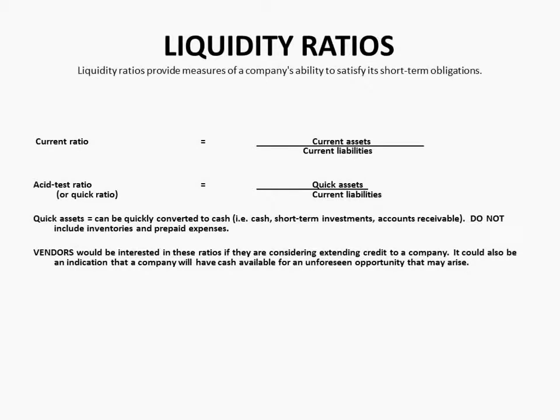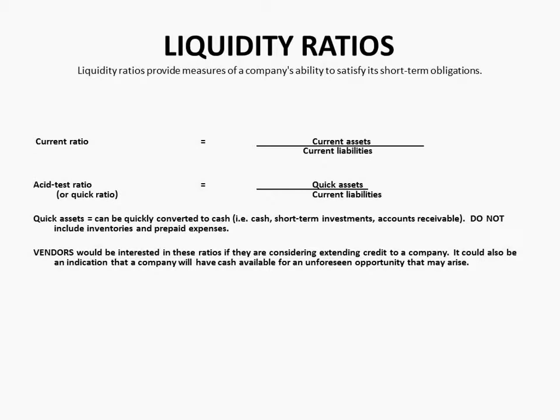So if you look here, current ratio is current assets over current liabilities. Acid test ratio, or it's also called the quick ratio, is quick assets over current liabilities. So quick assets can be quickly converted to cash. Cash, short-term investments, accounts receivable, do not include inventory and prepaid expenses.